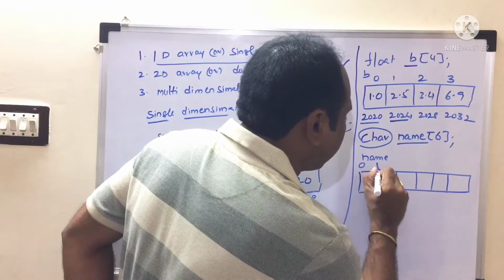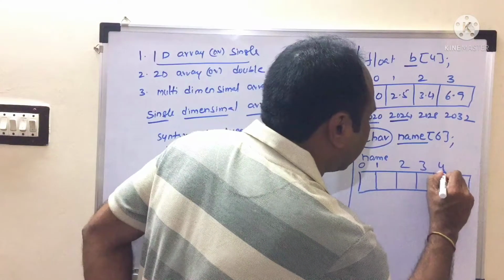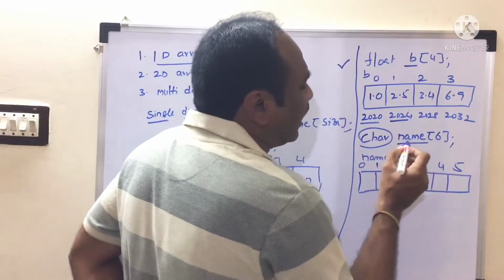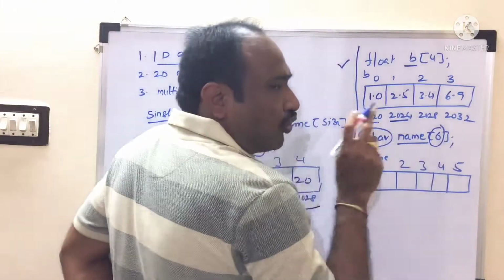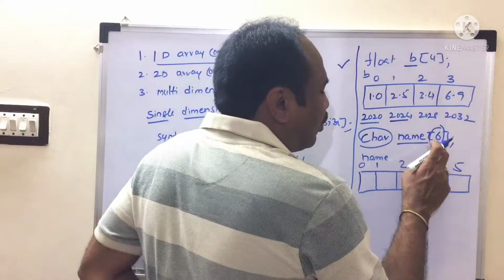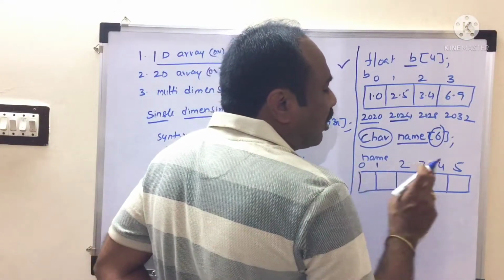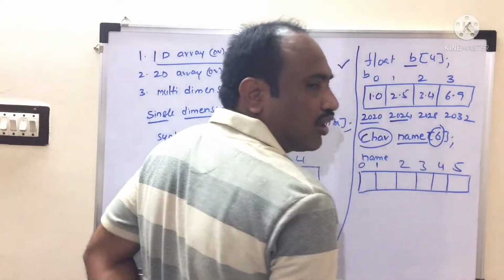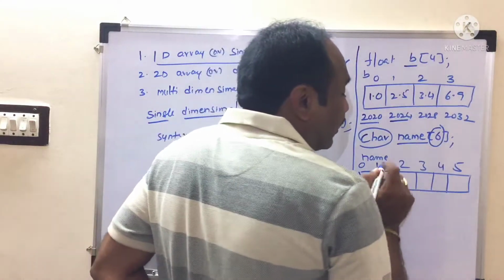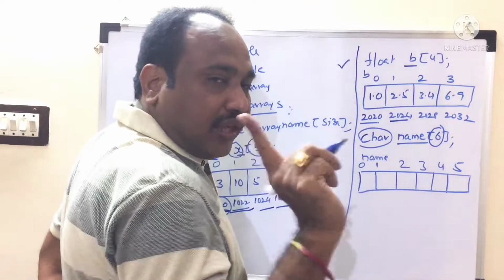Name of 0, name of 1, name of 2, name of 3, name of 4, name of 5. It may be any array: you are going to work with an integer array, float array, or character array. The first value is stored under array name of 0, and the last value under array name of n-1, 6 minus 1, fifth location. Please all of you remember one thing.